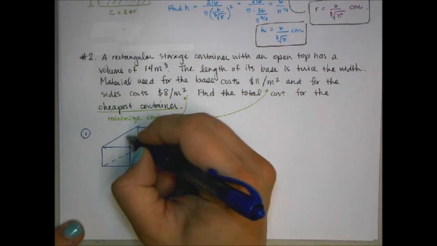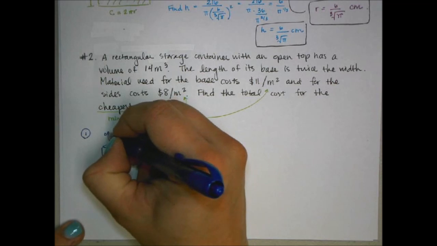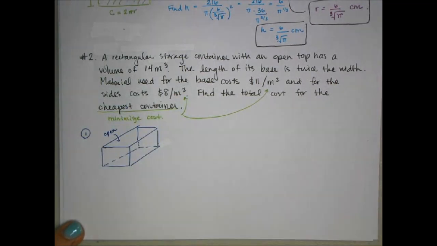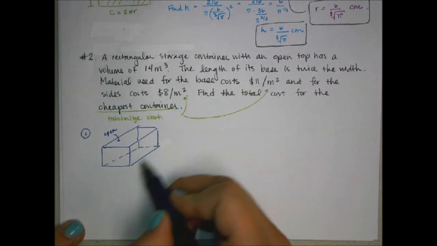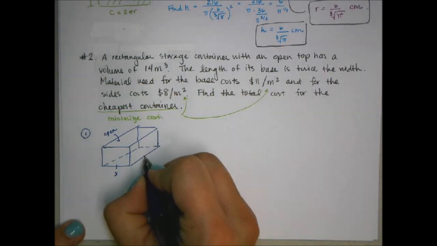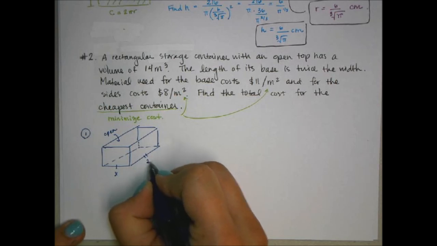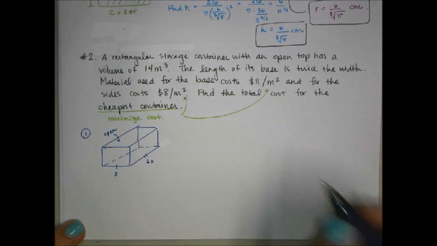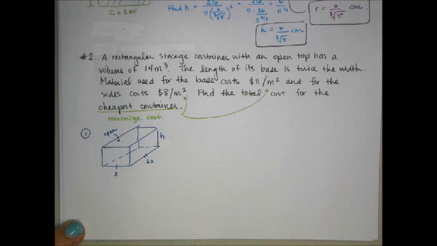So once again, open here, lid. Okay. So again, the length of the base is twice the width. So if I call this side X, we're going to call this side 2X. And then the height, well, we weren't told the height, so we'll just call it H or Y if you want.